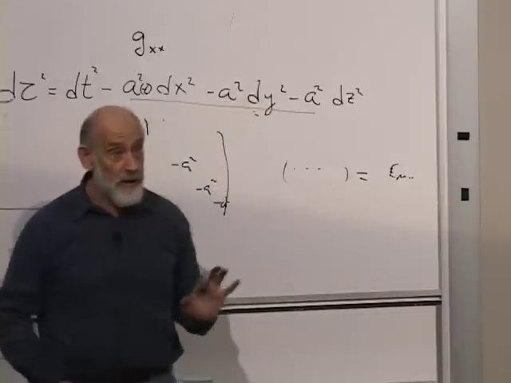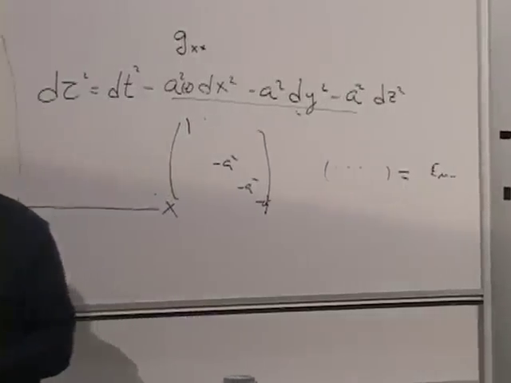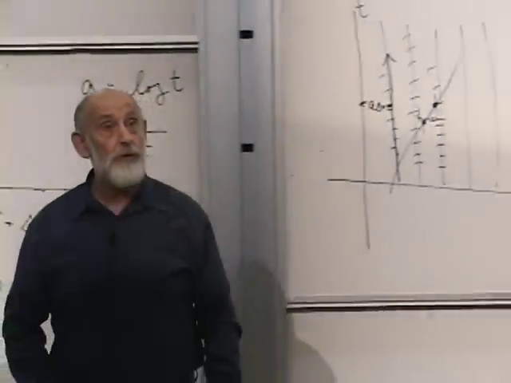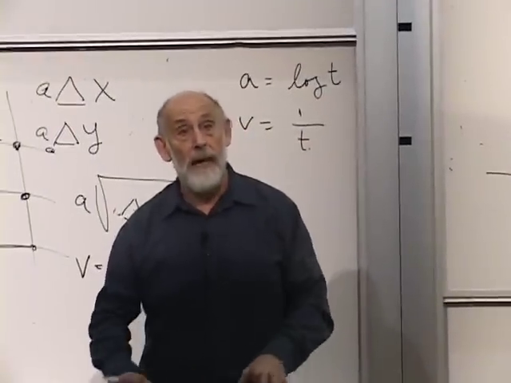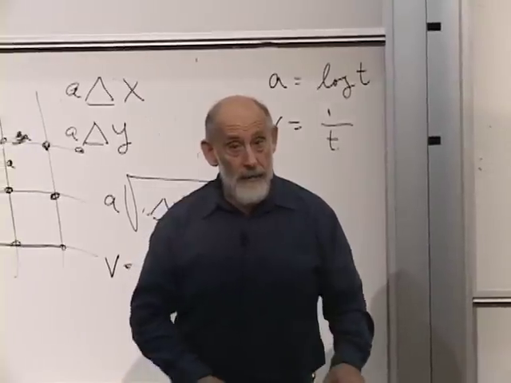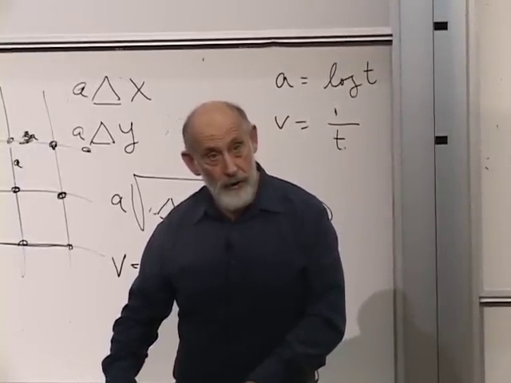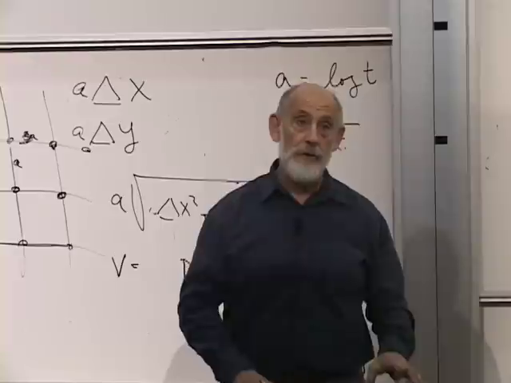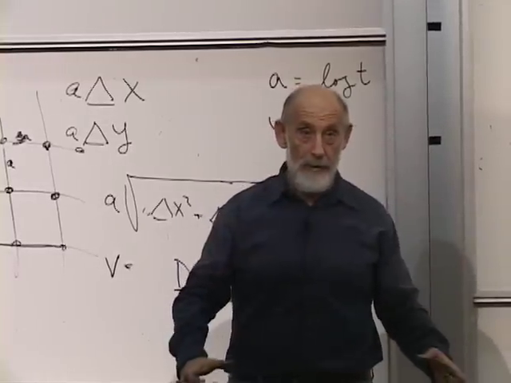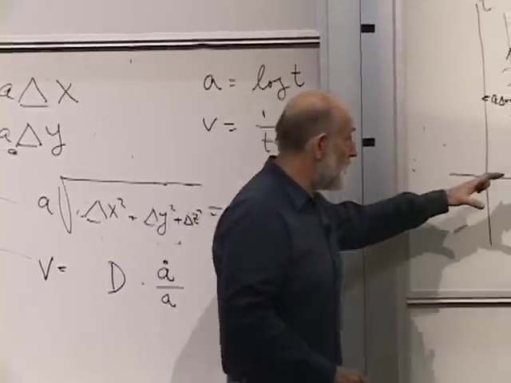We're going to come to that. That's a very important part of the whole thing. But for now, we're just doing geometry and not dynamics. Dynamics is what determines how the metric changes with time. Geometry is just the abstract description of a space, or space-time.